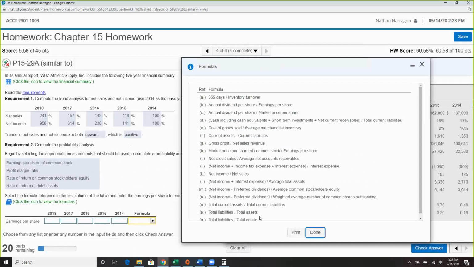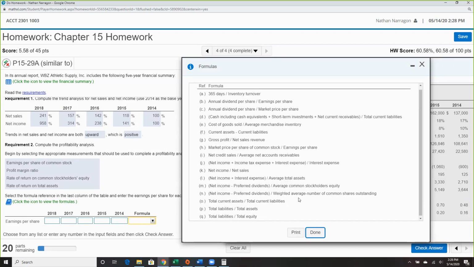Okay, so again, we're going to find our formulas. Of course, earnings per share is net income minus preferred dividends divided by weighted average. Okay, go ahead and close that out.